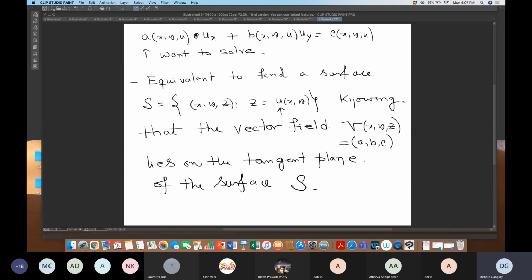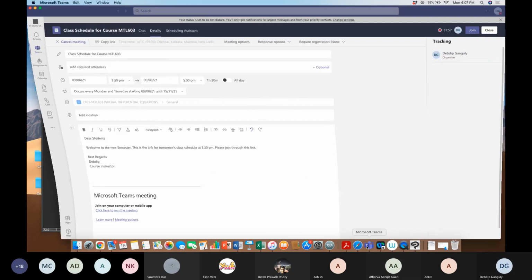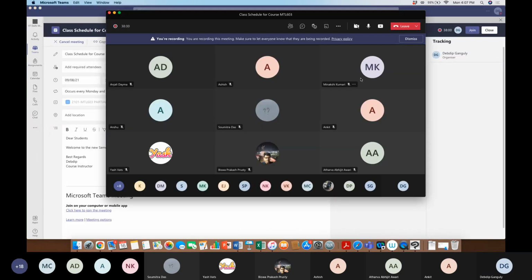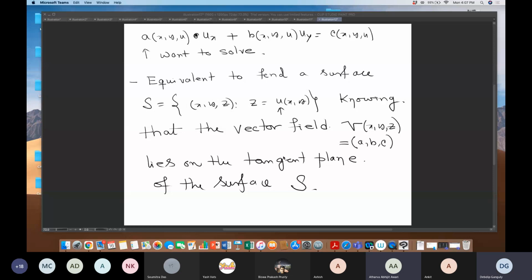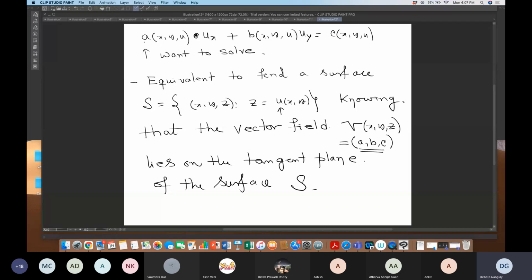Clear? This vector field (a, b, c) is given, right? Of course, u is unknown, but it lies on the tangent plane of the surface.